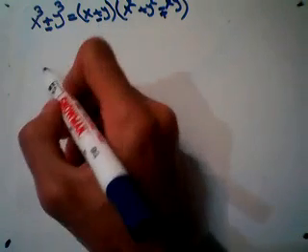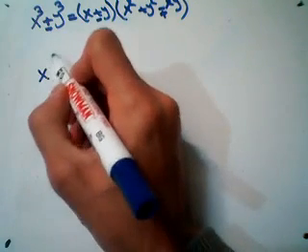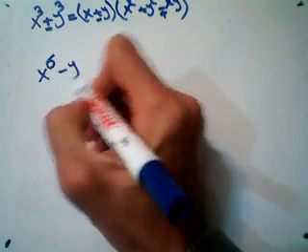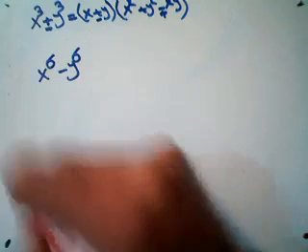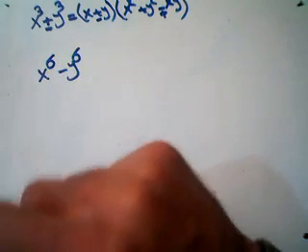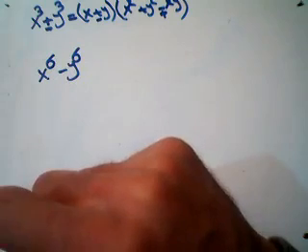This is x to the power of 6 minus y to the power of 6. Factor this.